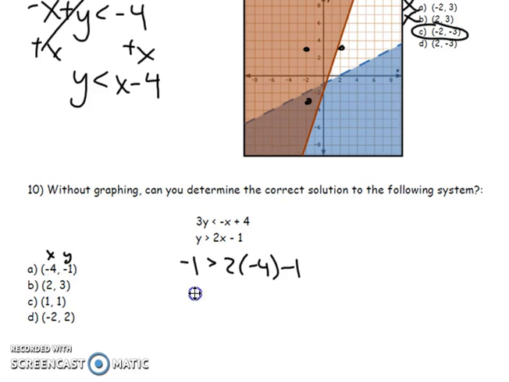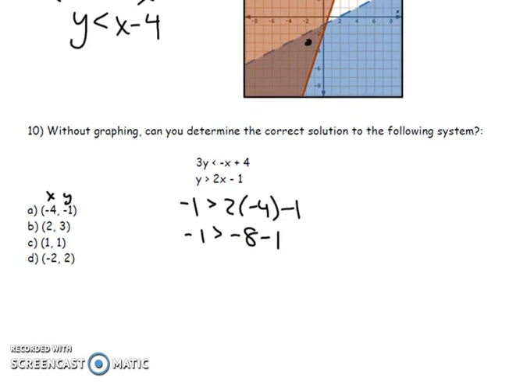Now you just need to simplify and see if the answer is true. -4 times 2 is -8. Bring everything down. -8 minus 1 is -9. So, is -1 greater than -9? It's true.